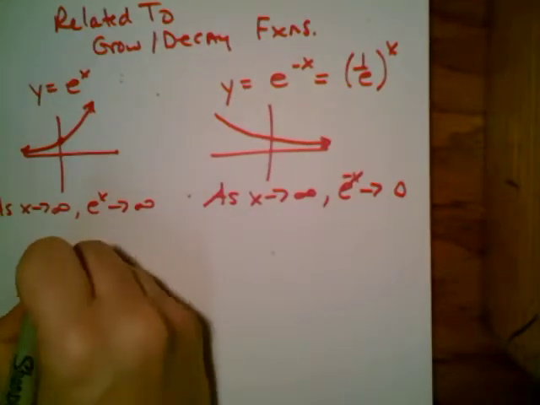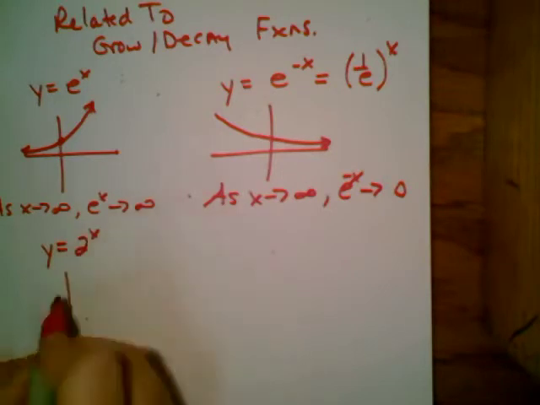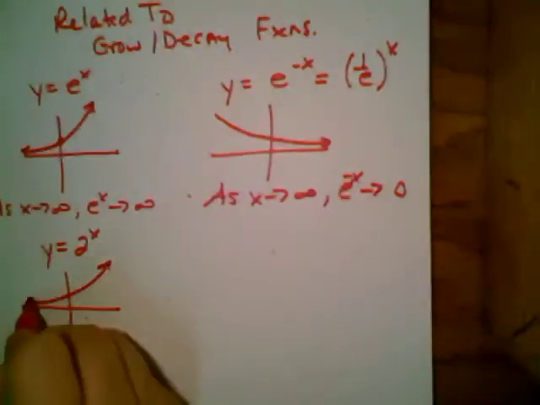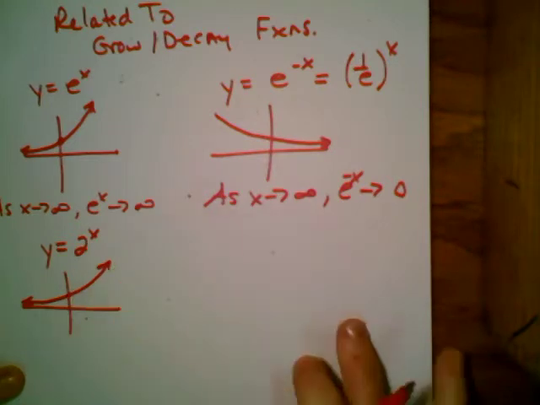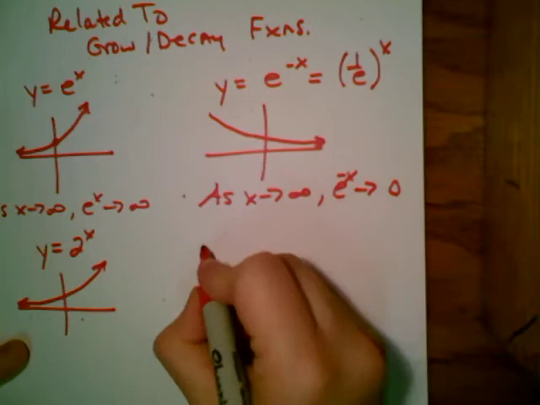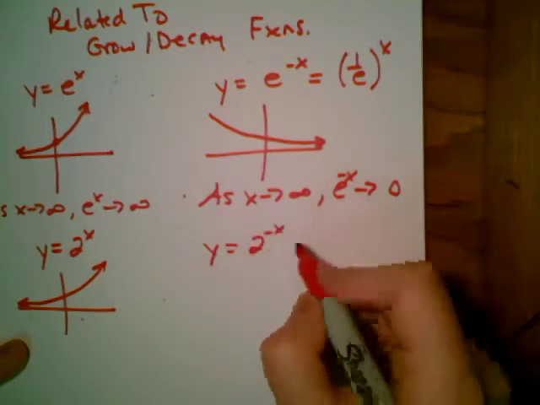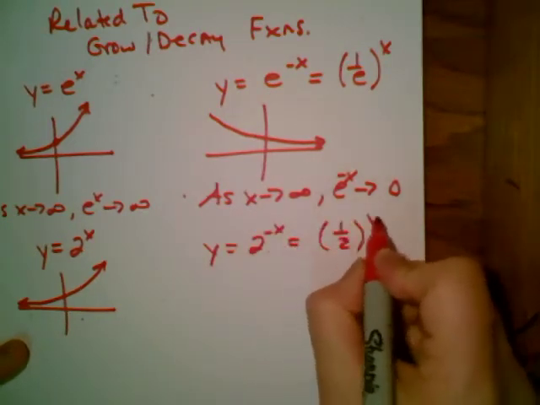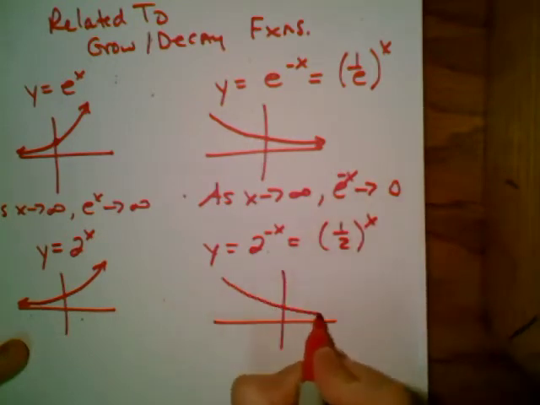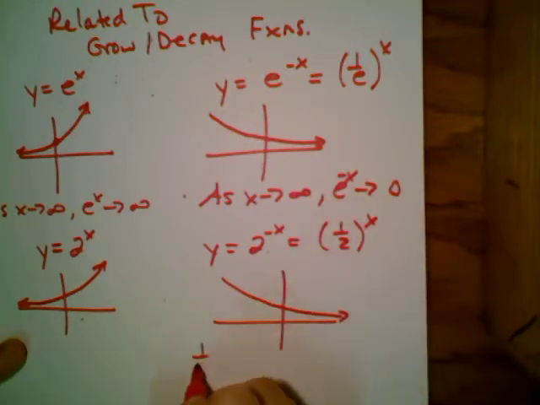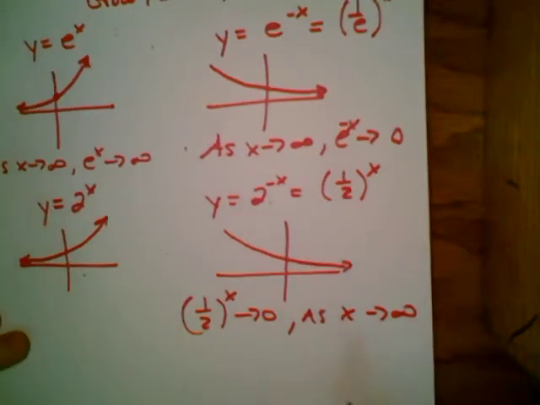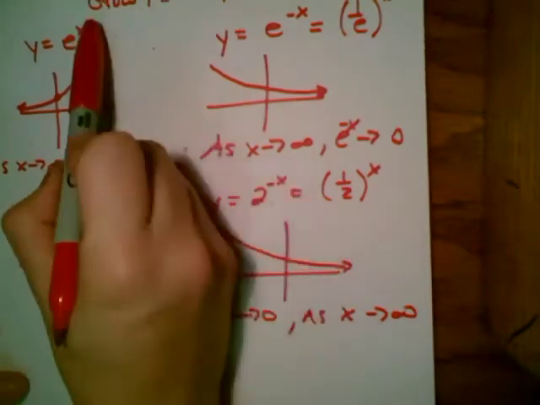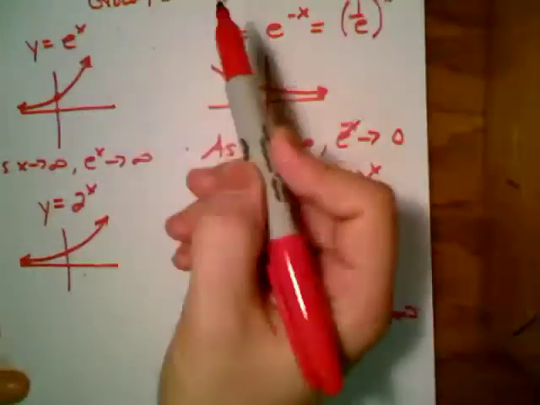Just another example, y equals 2 to the x would have the same shape as the above growth function, and so would have unbounded growth as x goes to infinity. But 2 to the negative x, which also could be written as 1/2 to the x, would be a decay function. And so 1/2 to the x goes to 0 as x goes to infinity. You have a growth or a decay function depending on the base.